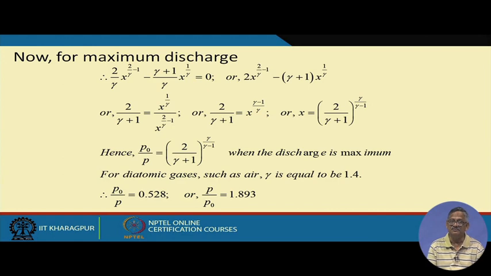That means if the pressure ratio between outlet and inlet is 0.528, we can say the discharge is maximum.